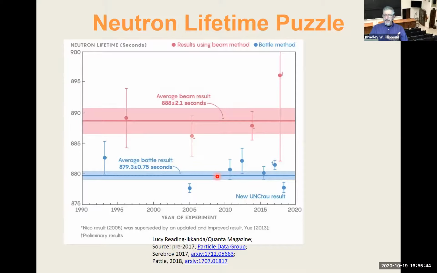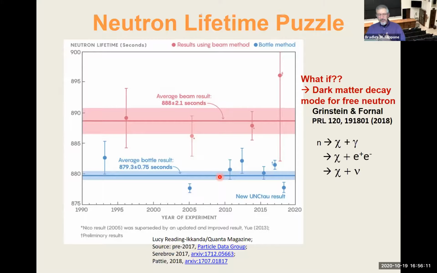Every time you empty the bottle, you see how many neutrons are left, and you watch how they decay, and so you can measure a lifetime. The two disagree by almost 10 seconds. That's a pretty large uncertainty on something that's 1,000 seconds long, compared to other particles, like the muon, which are measured to parts per million.